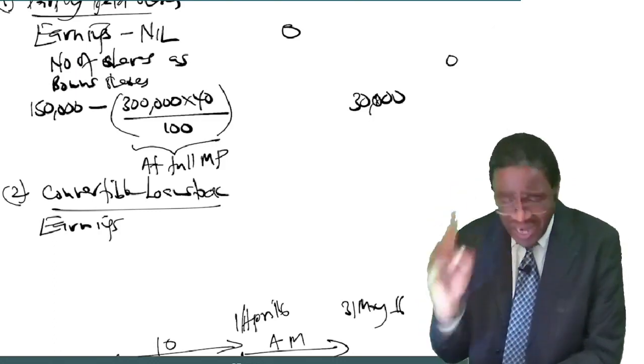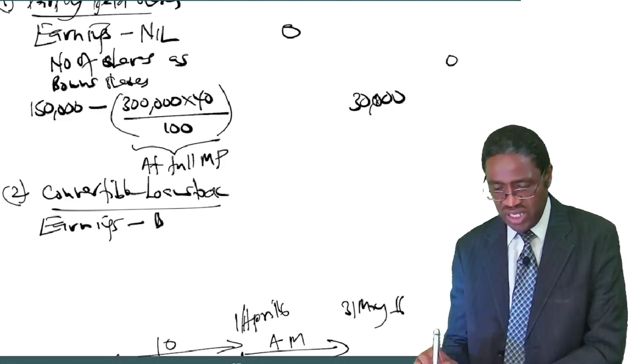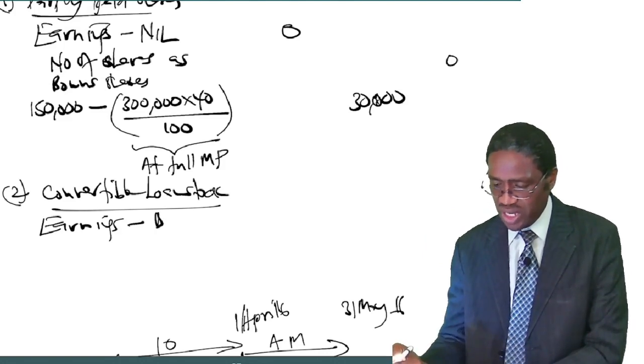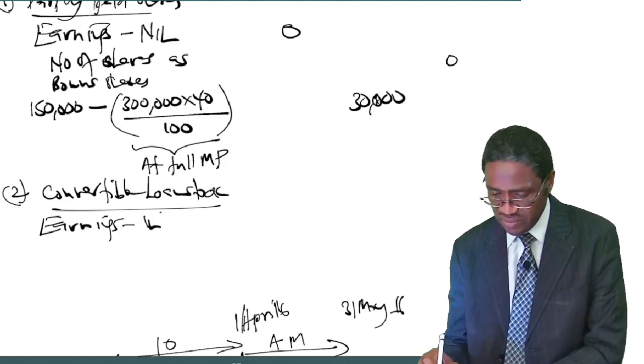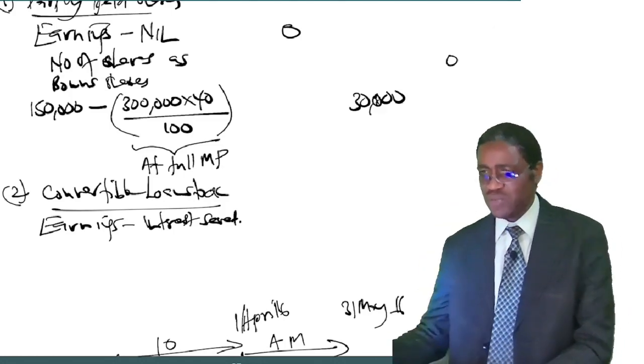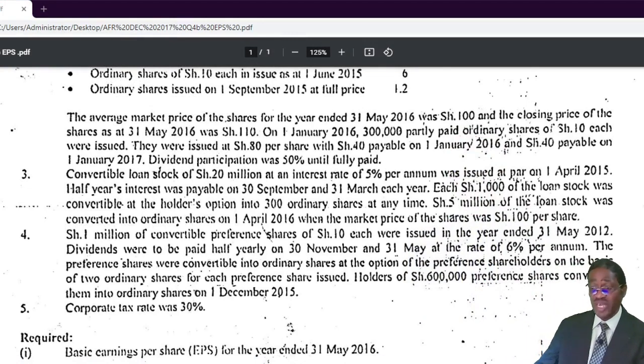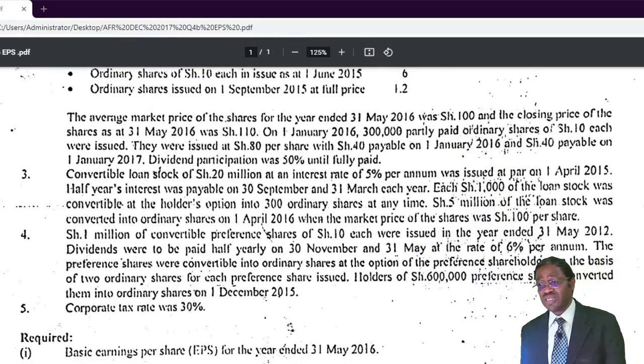Had they converted, we would have saved interest. Interest saved. How much? That's what we want to see. First, let's know the rate of interest. From note number 3, what was the rate of interest on the loan stock? 5%. Good.